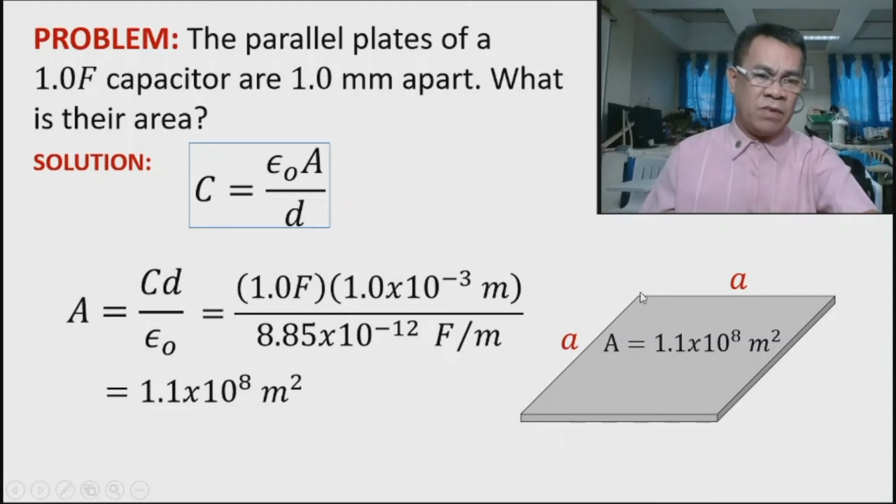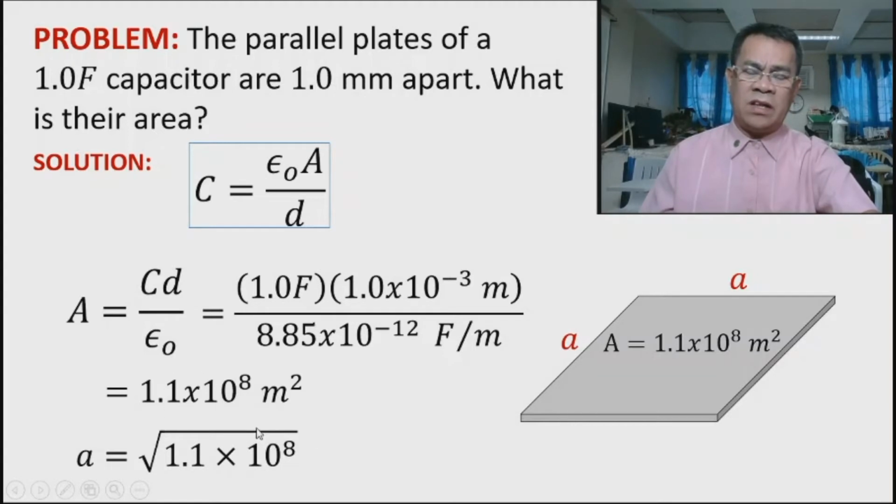If you want to know the length, if it's made up of a square, then you have to take the square root of the area. These are the dimensions of your capacitor if you want to construct a 1 farad capacitor: 10,488 meters by 10,488 meters.